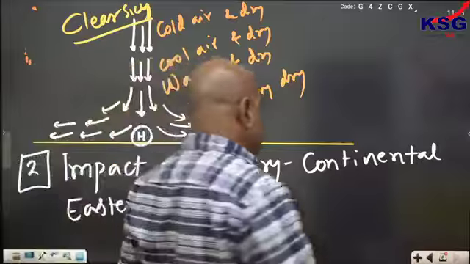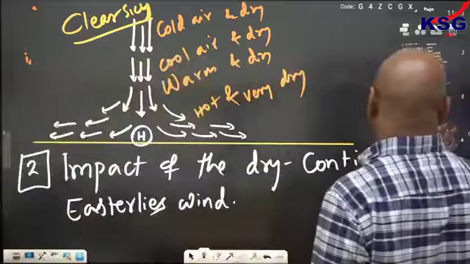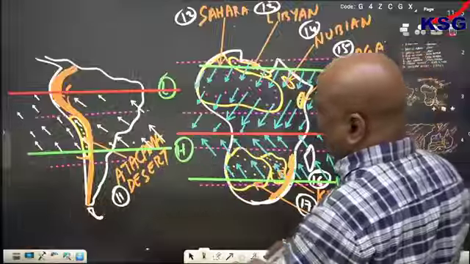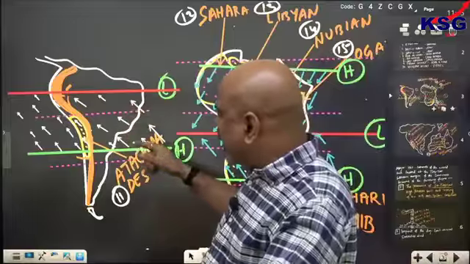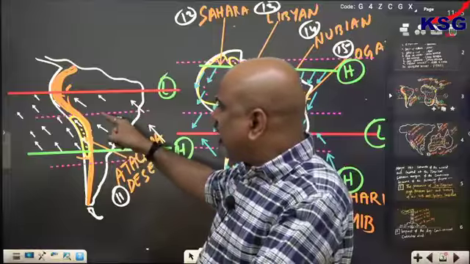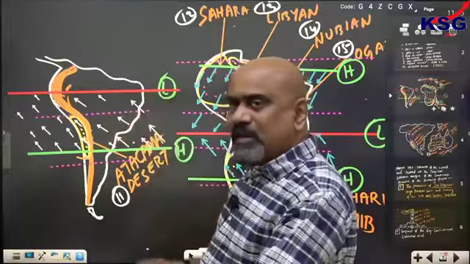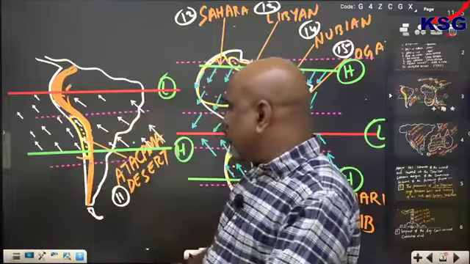Look at the easterly wind, how it becomes dry continental easterlies. While it is going in this way, first you see South America, the wind is going, this is the easterly wind, but it became dry while it is over the continent.